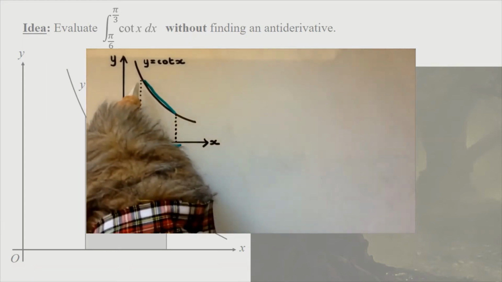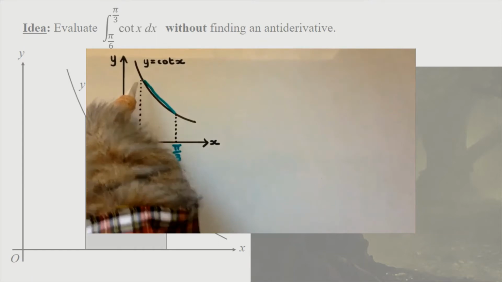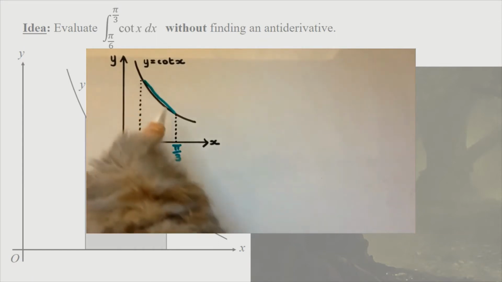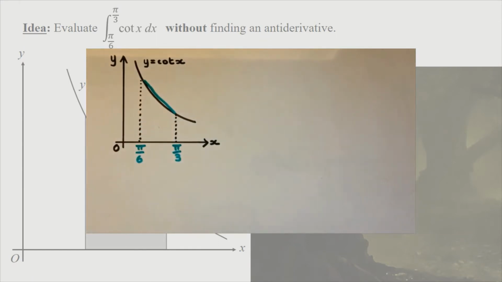If I draw a line from this point to this point where the y values are, you can see clearly it makes a trapezium shape. So to get not the exact answer but a very close approximation, we can just calculate the area of this trapezium, and hopefully that will give us a reasonably good answer.